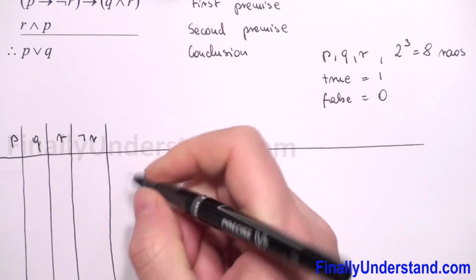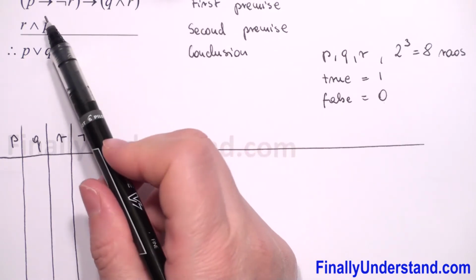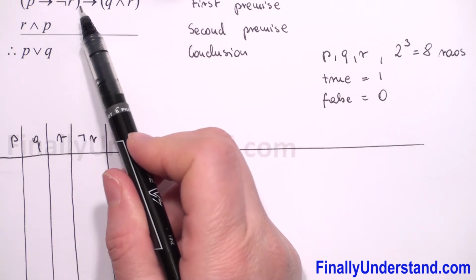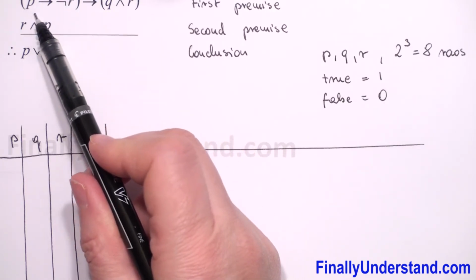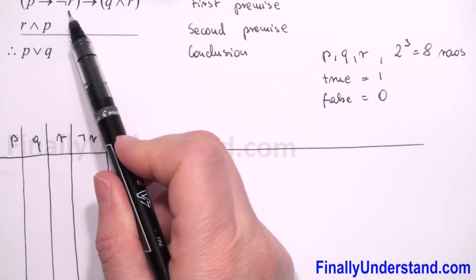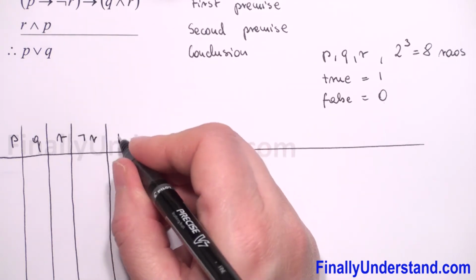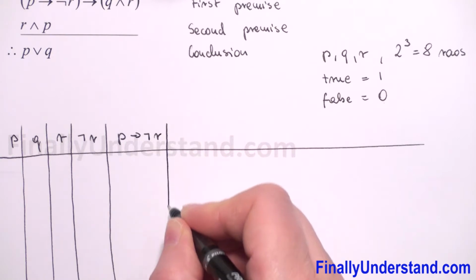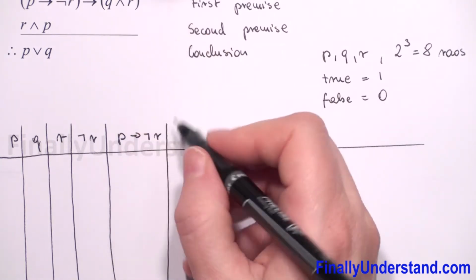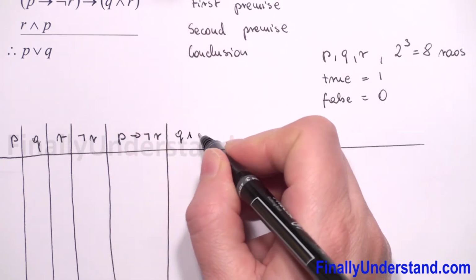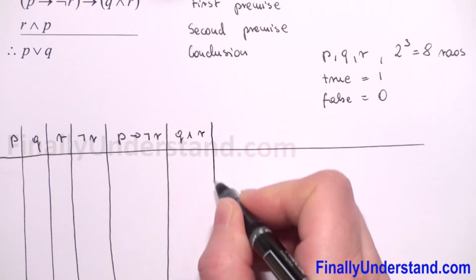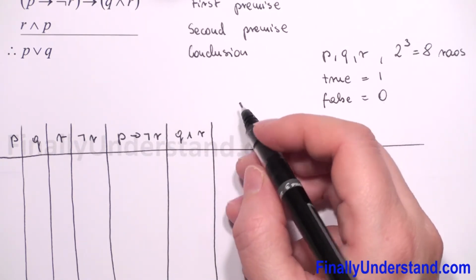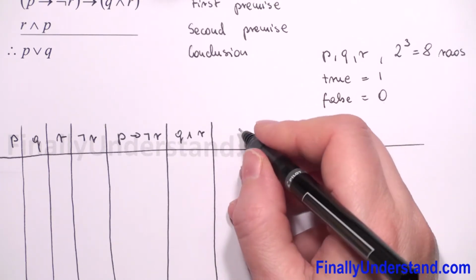And next, the first premise is a conditional statement, so I will first put this statement in parentheses. So we have P implies not R. And the second parenthesis is Q and R. And now it will be very easy to find the value for the first premise.